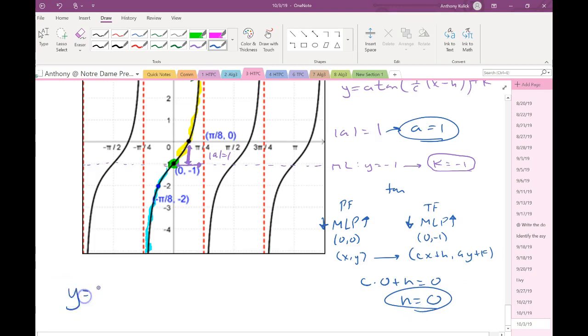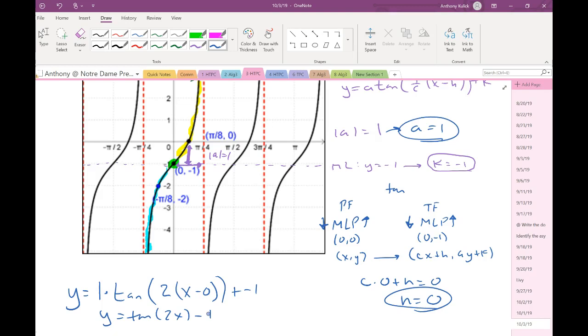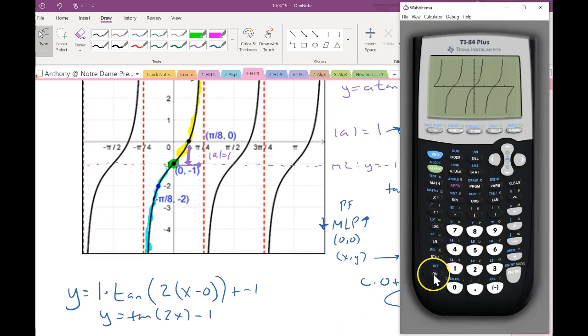If I put that all together, I have 1 times tangent of 2, the reciprocal of C, times x minus h, plus k. Or really just y equals tan of 2x minus 1. Okay with that idea? And as usual, I can check these pretty easily.